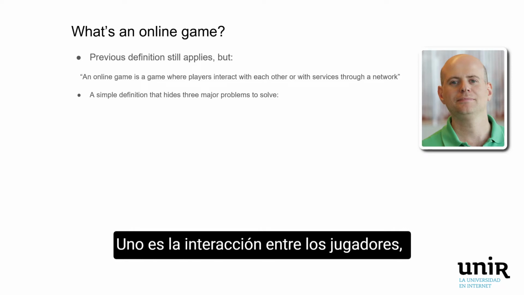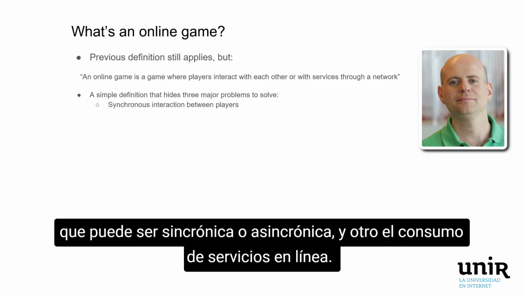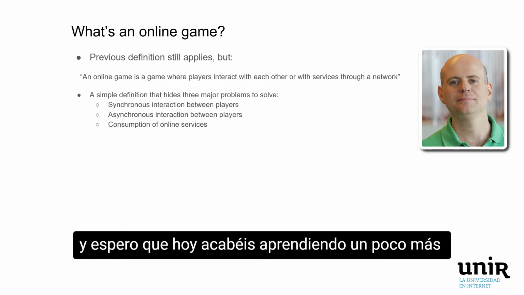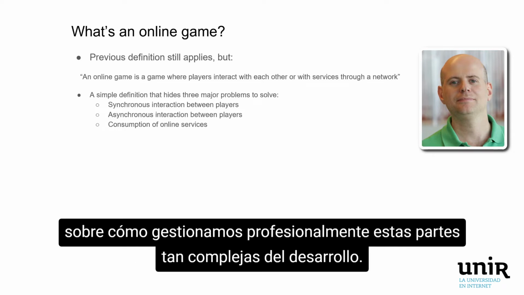One is the interaction between players, which can be synchronous or asynchronous, and also the consumption of online services. All of these three things are incredibly complex, and I hope that today you will walk away having learned a little bit about how we handle professionally these very complex parts of development.